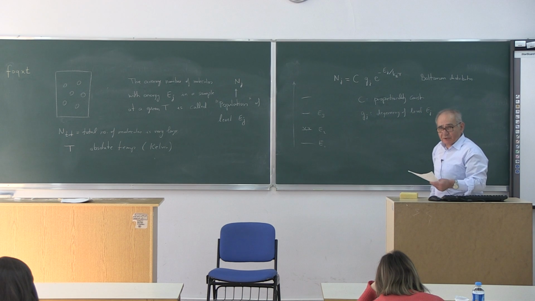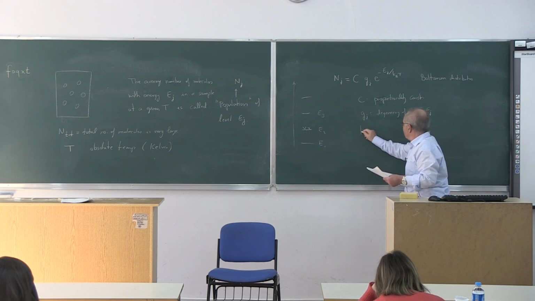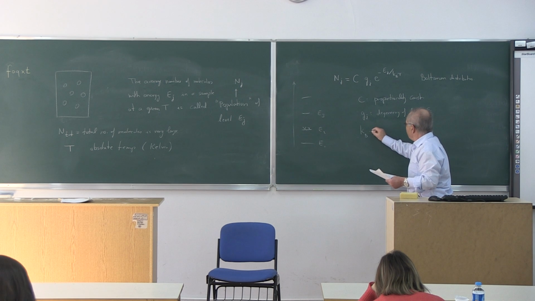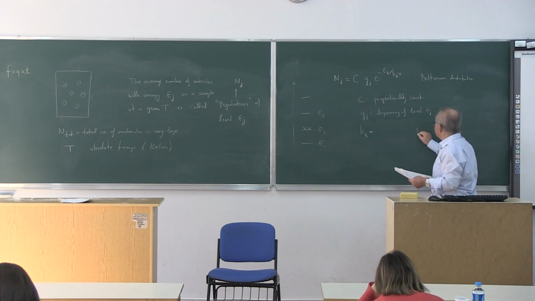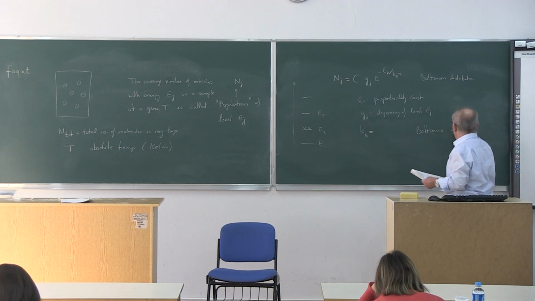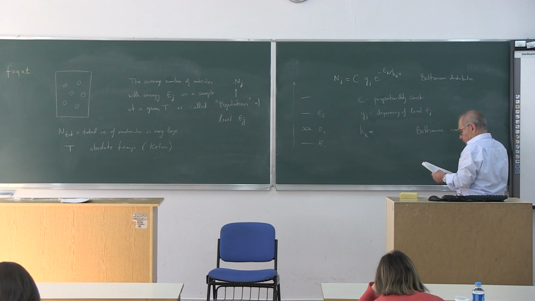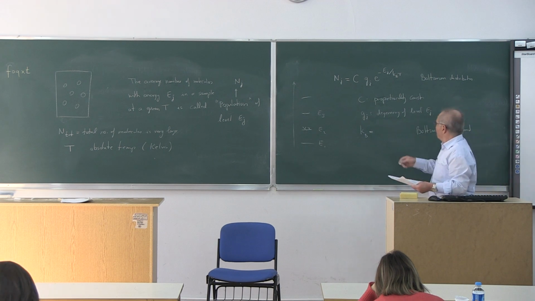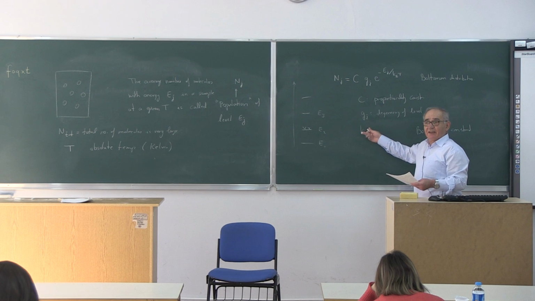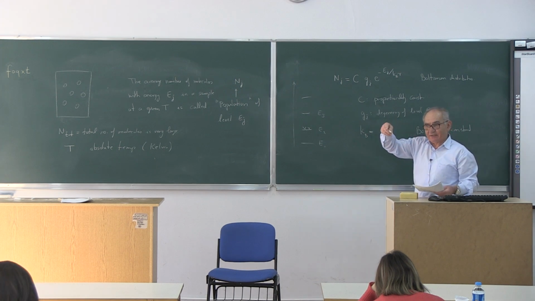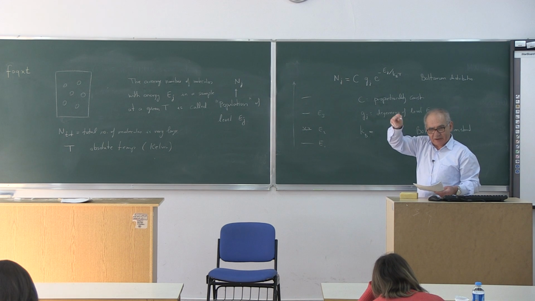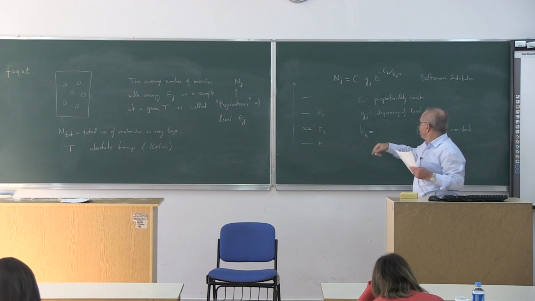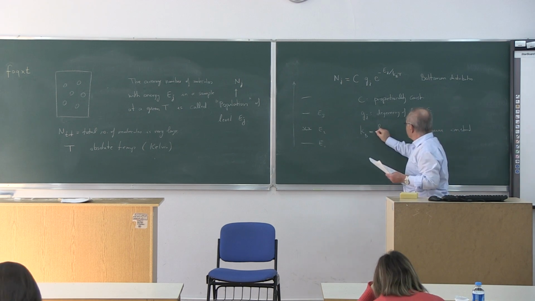T is the absolute temperature, and this quantity k is called the Boltzmann constant. This is the standard gas constant, remember the symbol capital R, per molecule. So it is gas constant divided by Avogadro's number.